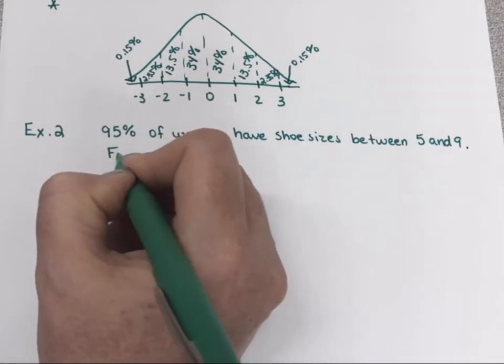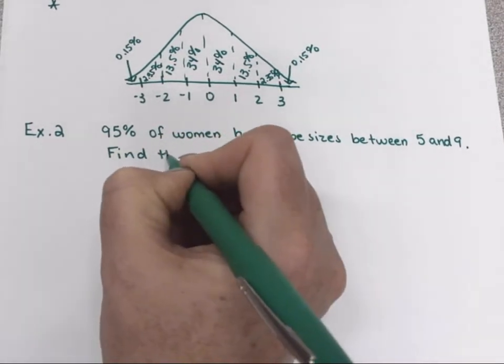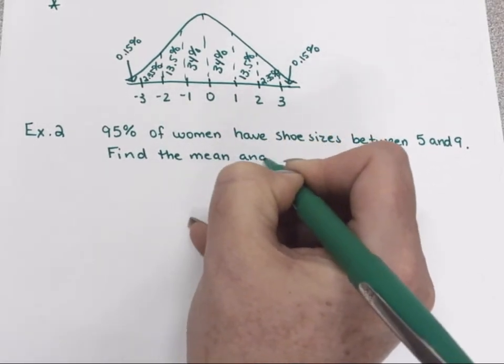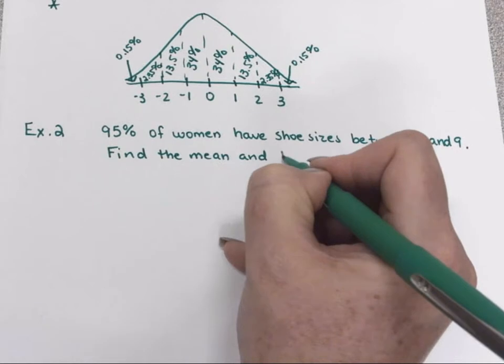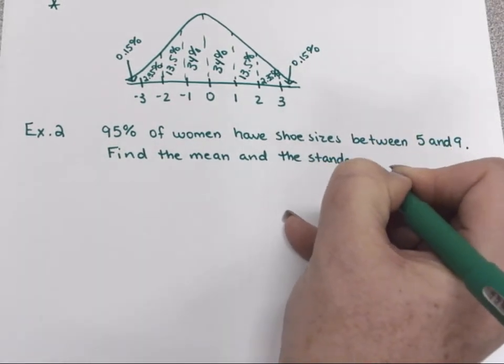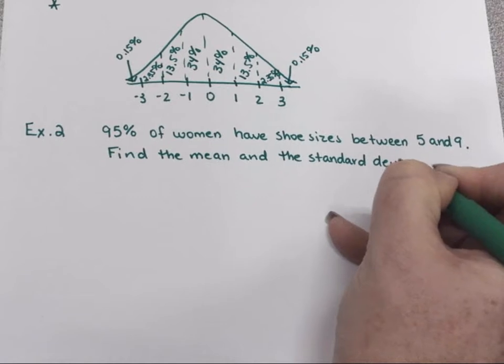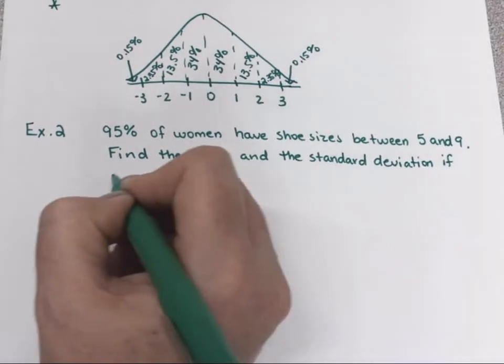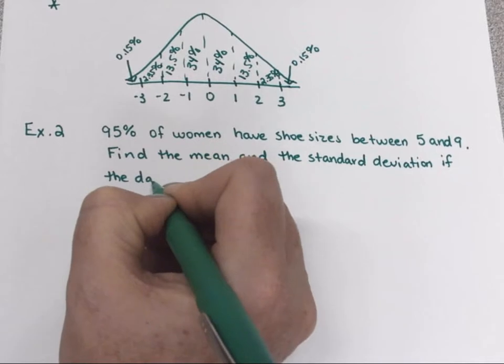So I want you to find the mean and the standard deviation if the data is normally distributed.